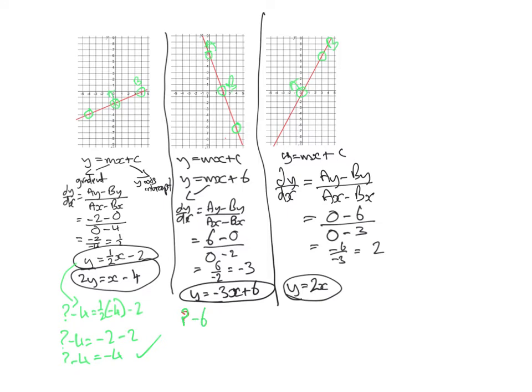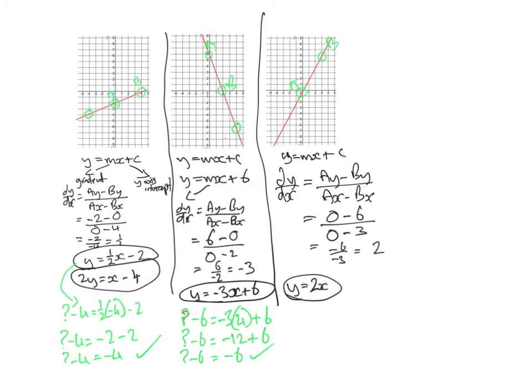Does -6 equal -3 times the x value, which we can see is 4, plus 6? Is that true? Well, -3 times 4 is -12 plus 6. So does -6 equal -12 plus 6, which is -6?